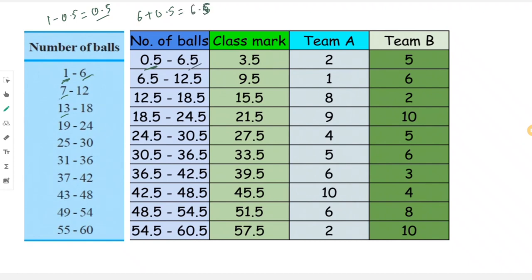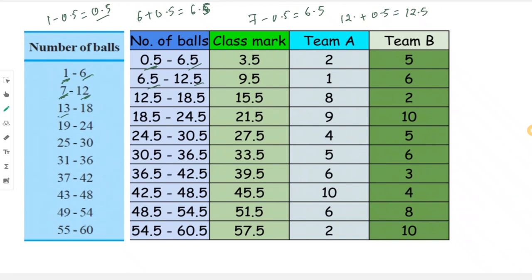Same thing again, left side you subtract. So 7 minus 0.5, I get 6.5. And again on your right side you add 0.5, so 12 plus 0.5, I will get 12.5, as you can see here, and continuous.